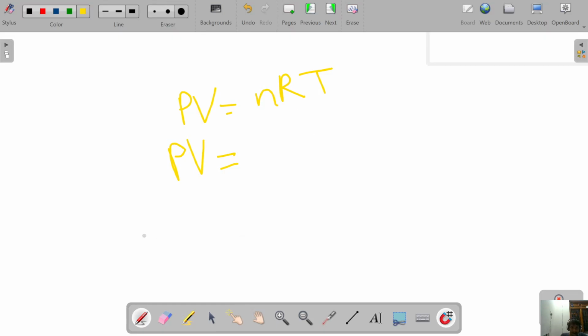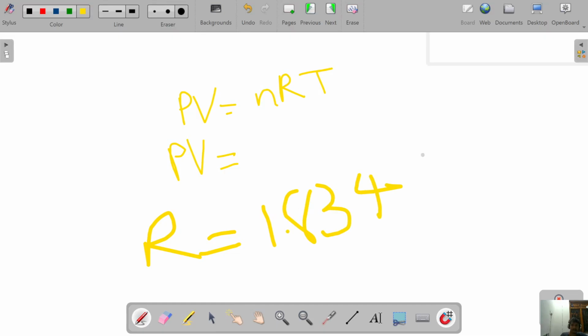For ideal gas, we already know R is equal to 1.834. Let's check again.